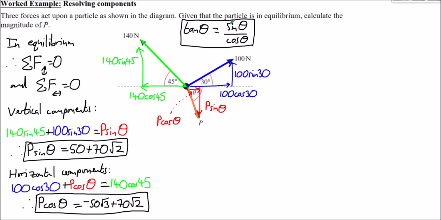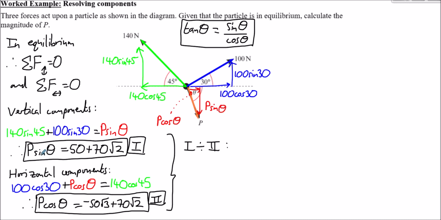So if I call this equation here Roman numeral 1, and this one Roman numeral 2, then if I were to do 1 divided by 2, P sine theta divided by P cos theta on the left, the P's will cancel.